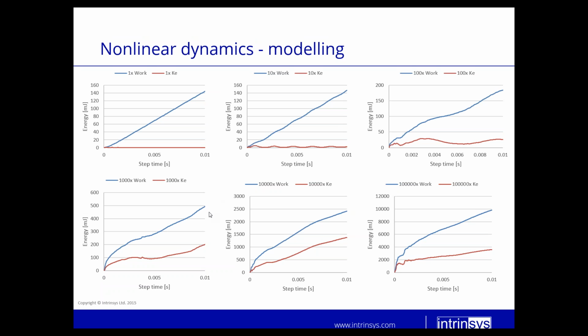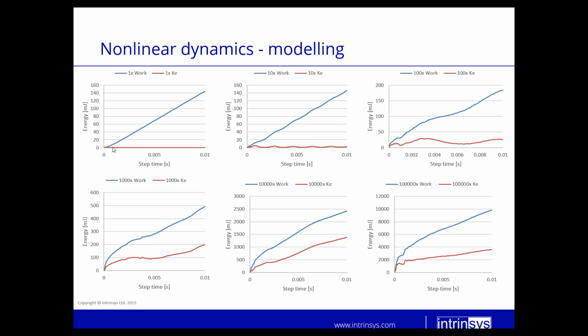So how can we see this? This is an example of an analysis I run, forming of a steel or an aluminium bar. As we can see, if we run it in real time, obviously this takes the longest to run. Then the work we input is equal to the strain energy, but our kinetic energy is pretty much zero.